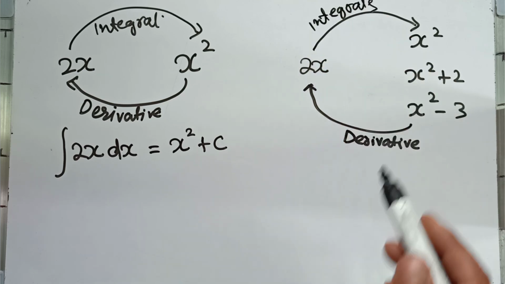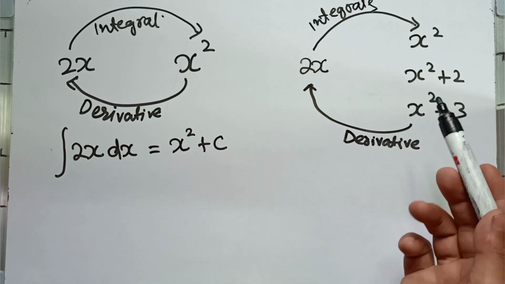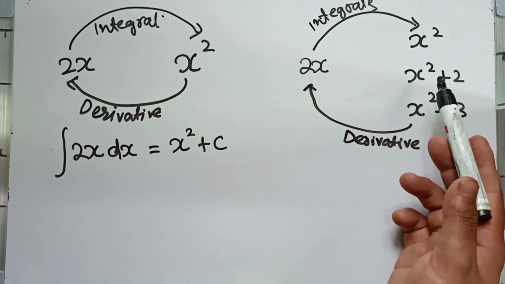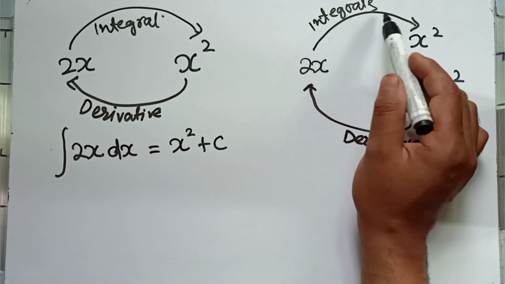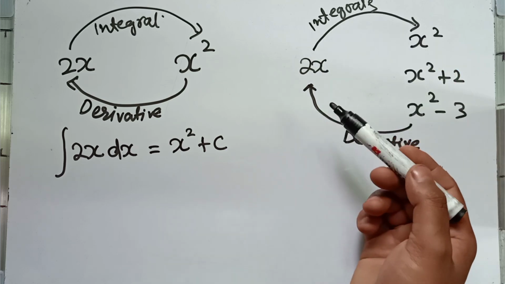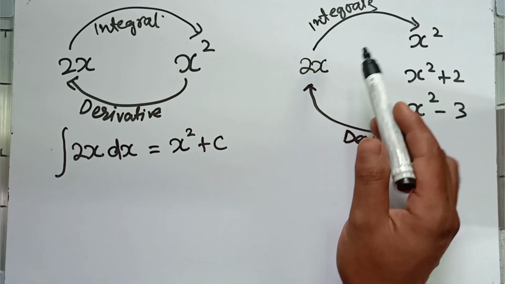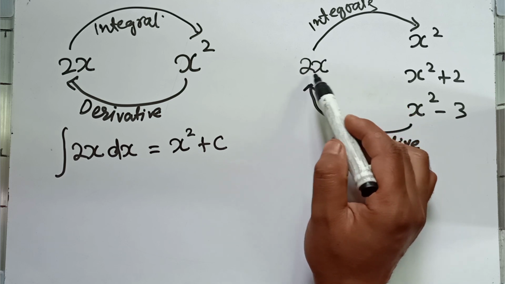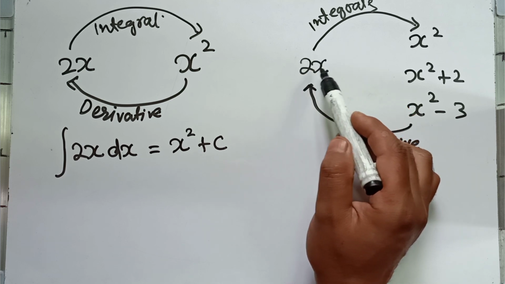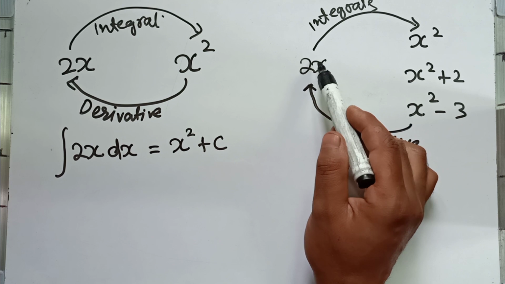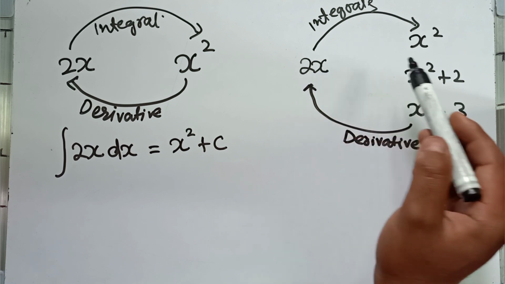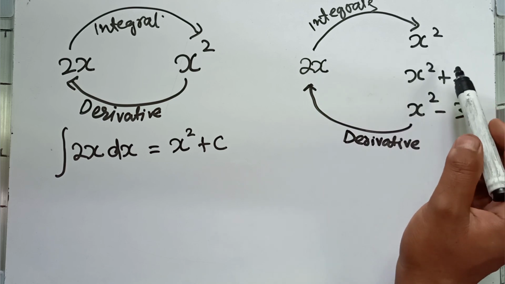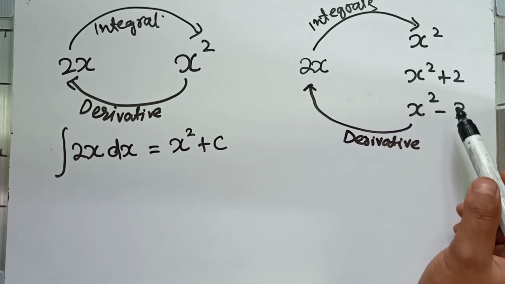These are all the integrals of 2x. Now when we reverse this operation, that is to say, to find the integral, we only know this 2x, but there could have been a constant of any value. That is, here the constant is 2 or here the constant is minus 3.